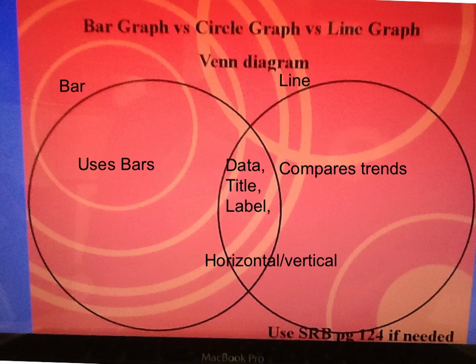A trend is how something has changed over time. They both, however, are going to represent data. They're both going to have a title, and they're both going to have labels as well. And they both are going to have a horizontal and a vertical axis. So many times you see this type of a setup for graphs.